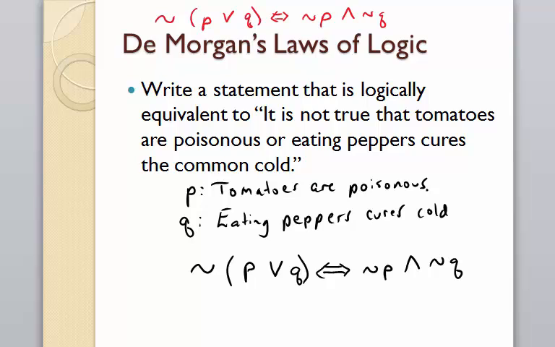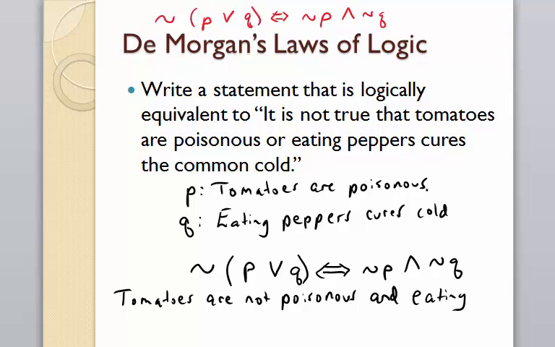So the negation of P would be that tomatoes are not poisonous, we have the and symbol in the middle, and then we have the negation of Q. So that would be that eating peppers does not cure the common cold. And so that is our statement that is logically equivalent.